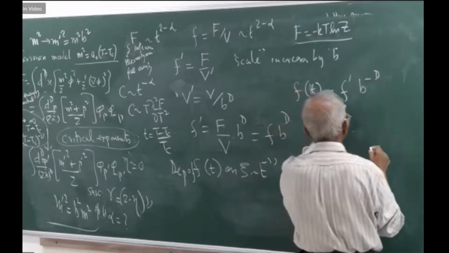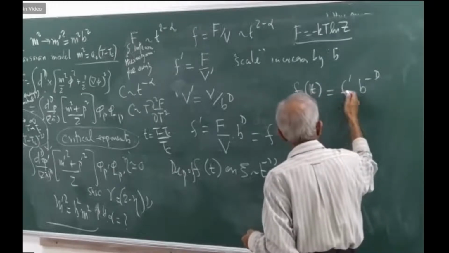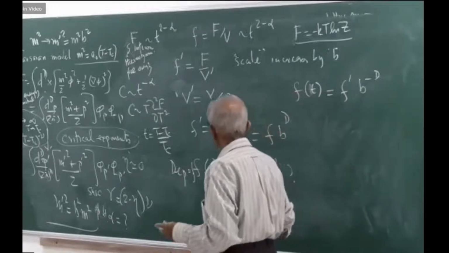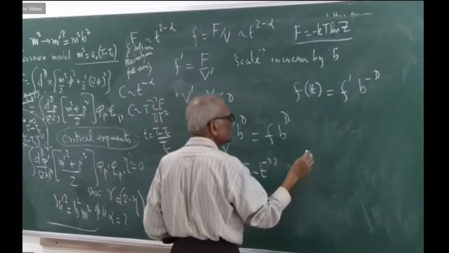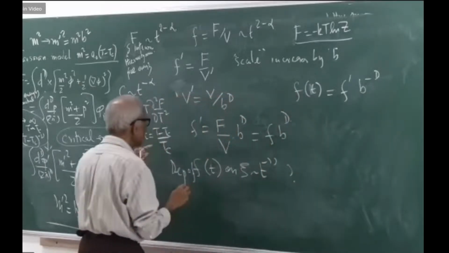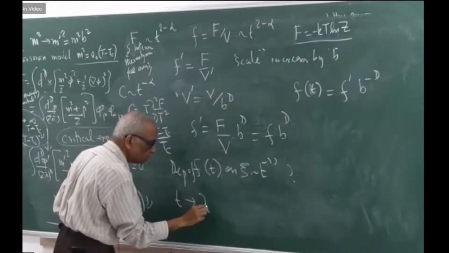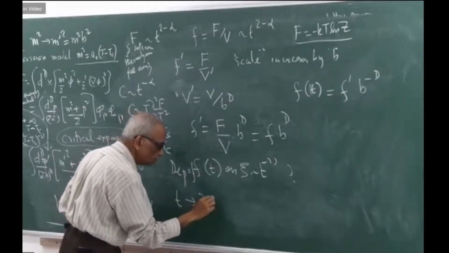F prime over here is essentially, where has t gone? This transformation takes the t and takes you to some lambda times t prime.